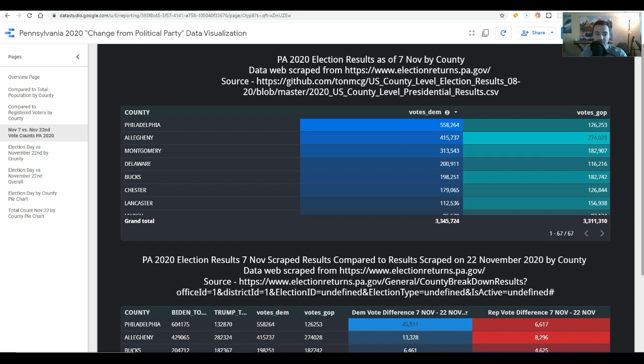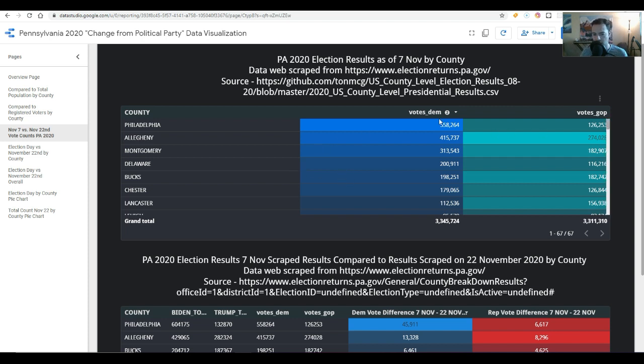So he had scraped the election results as of 7 November, and the reason he had to scrape them was because there's no CSV or JSON feed that you can download or publicly have access to from the pa.gov website, and that's as far as I've gotten. I haven't seen that there is one. So he also expressed that as well. So that's where he had to get that.